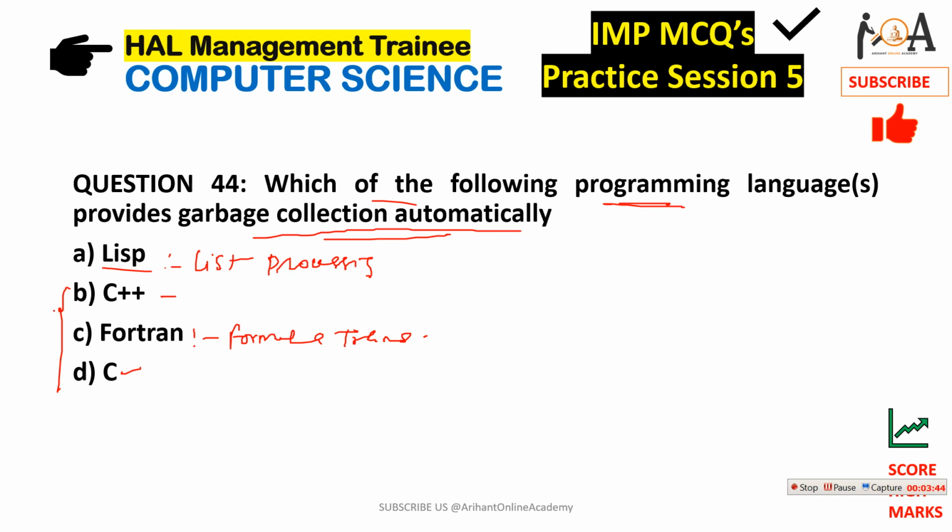C++, Fortran and C basically have manual memory management. So option A is the correct answer for this question. Lisp will provide garbage collection automatically, because in these three we have manual memory management. That is why option A is the correct answer here.